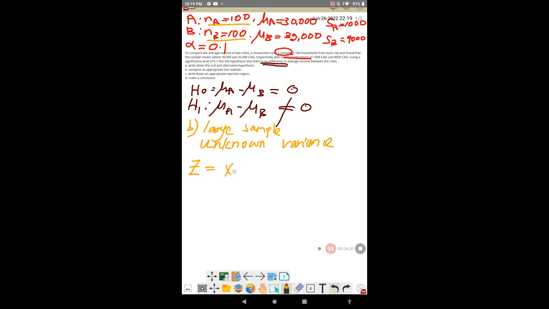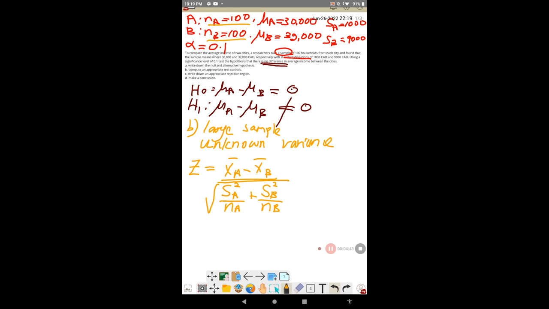Z equals XA bar minus XB bar divided by the square root of SA squared over NA plus SB squared over NB. So I made a mistake here. This should be XA, right?